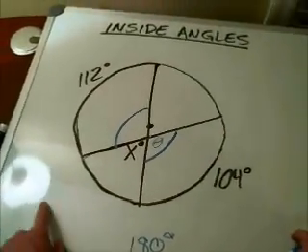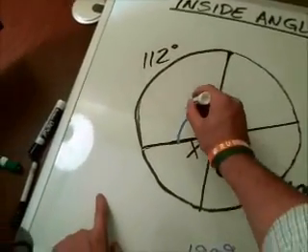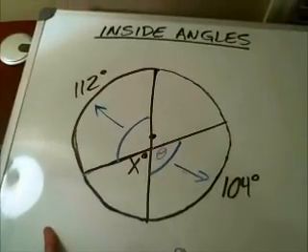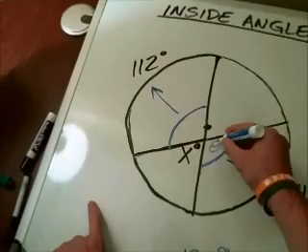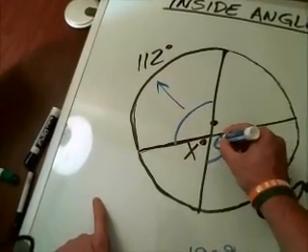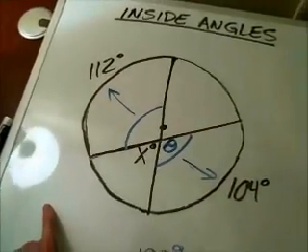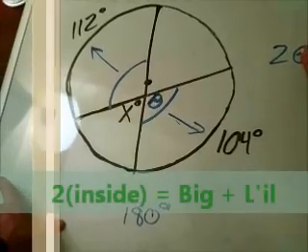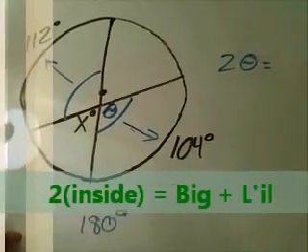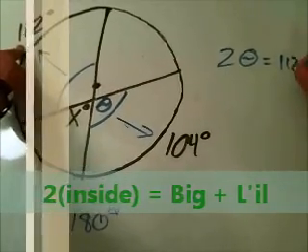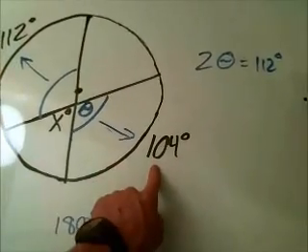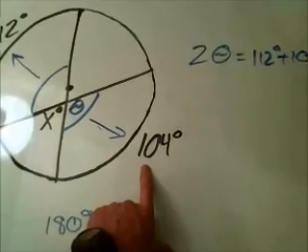Okay, so I look at the two opposite arcs. I've got 112 and 104, and if I add those together, I'm going to get two of these mystery angles. Two of those mystery angles are going to equal the same thing as taking my big arc of 112 degrees and adding my little arc of 104.